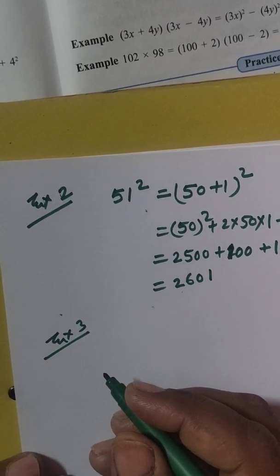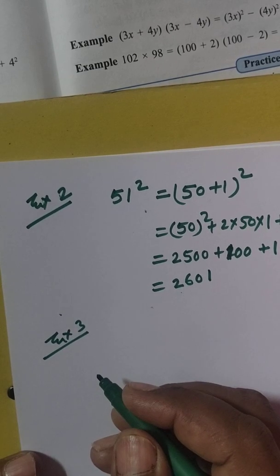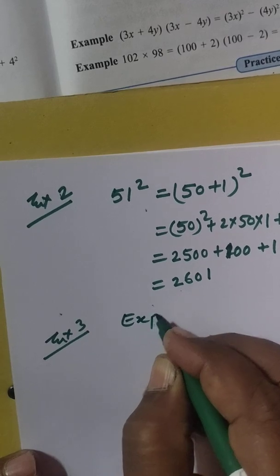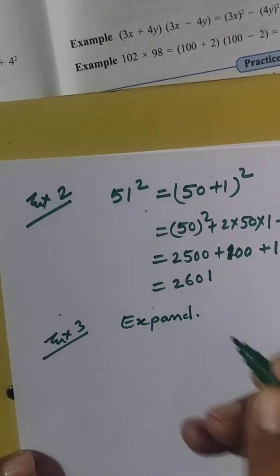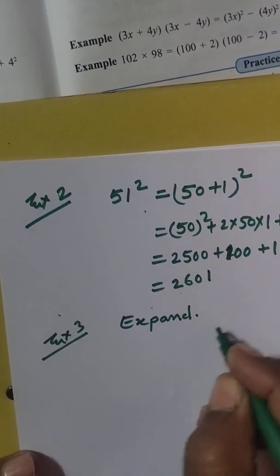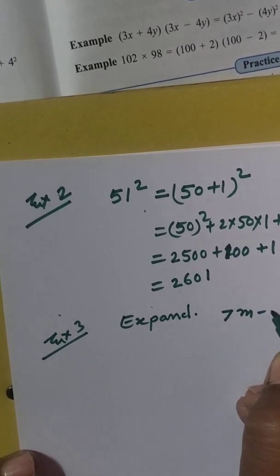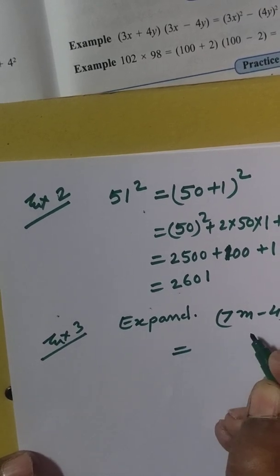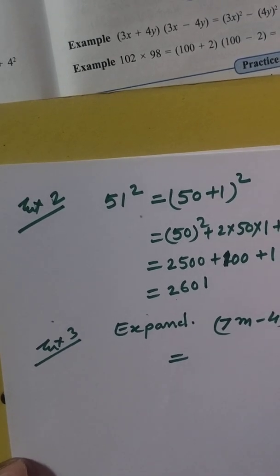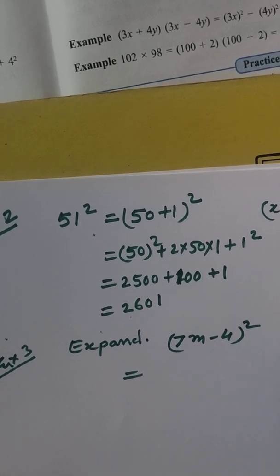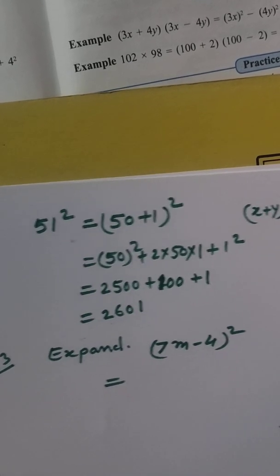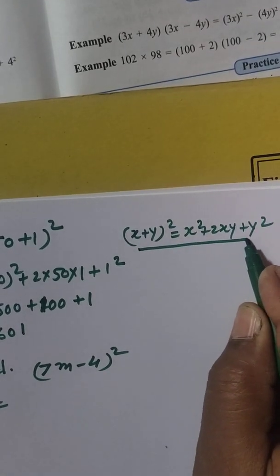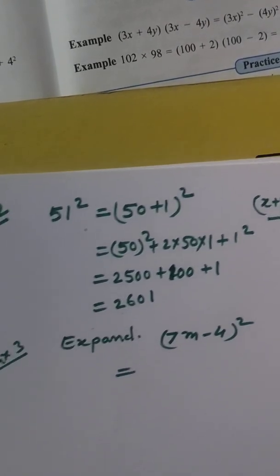Let us consider, expand (7m minus 4) whole square, that is equal to, you remember the above formula, (x plus y) whole square is equal to x square plus 2xy plus y square.